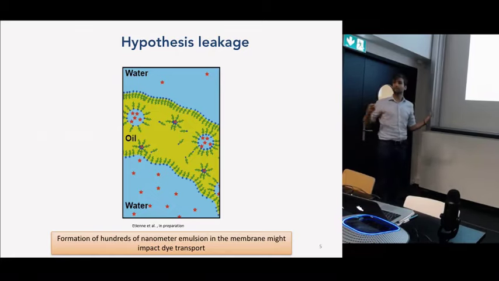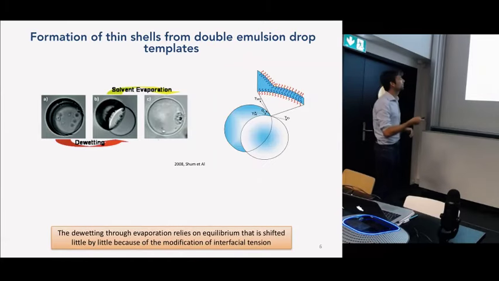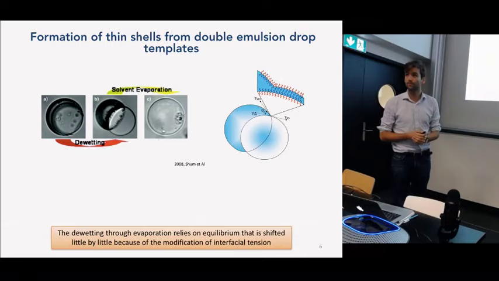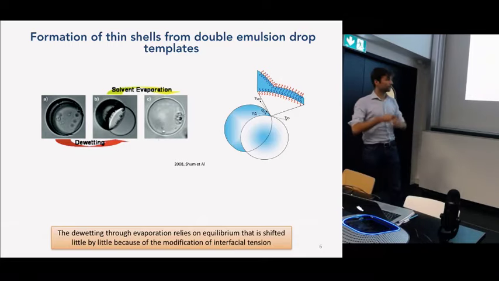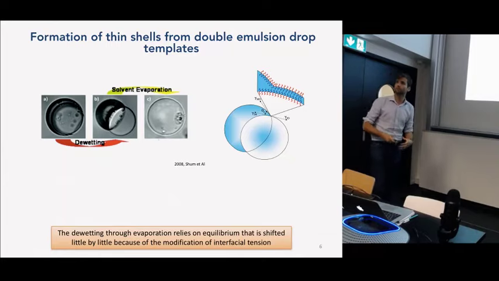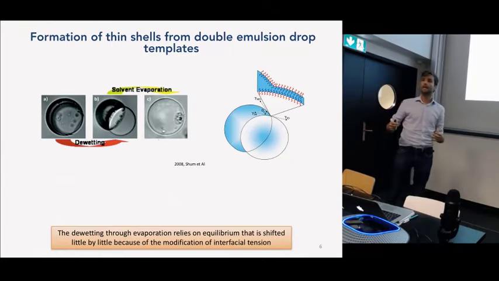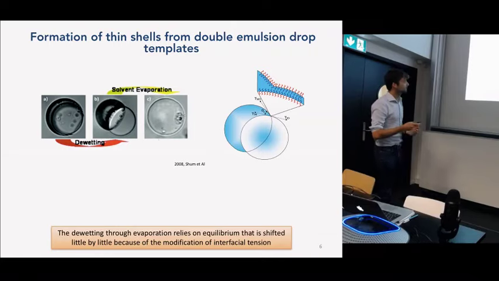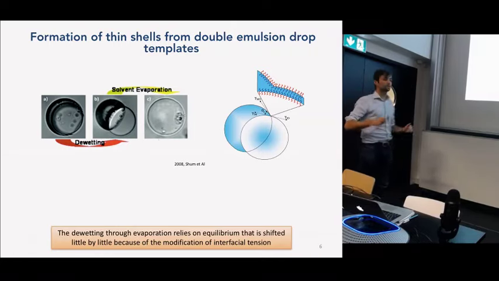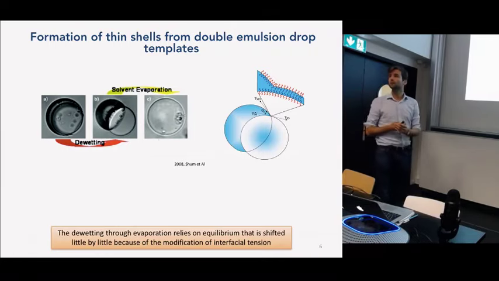But how can we form them? I didn't tell you yet. So one technique that has been used to form them from a double emulsion template is by forming the double emulsion, but inside the oil of the double emulsion you put a volatile solvent. And as the solvent evaporates, the equilibrium is shifted and oil is going to leave the double emulsion.